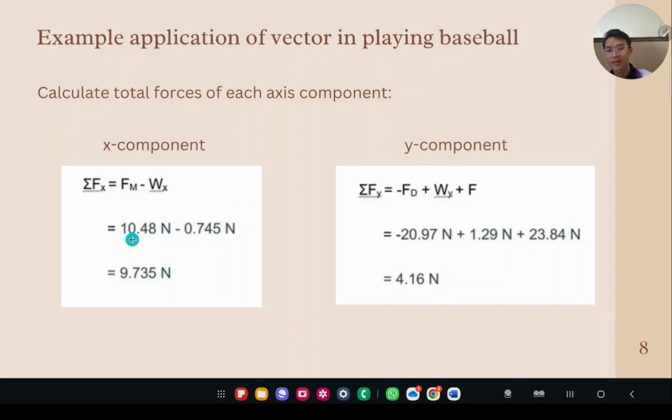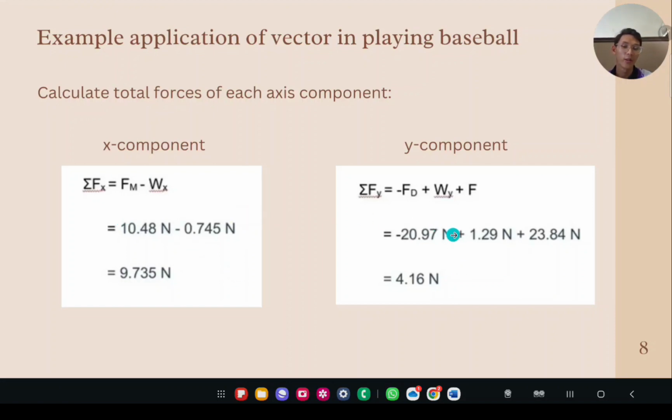So after that we got 10.48 Newton minus 0.745 Newton, and we got 9.735 Newton.